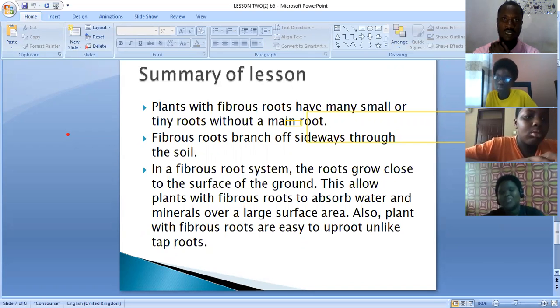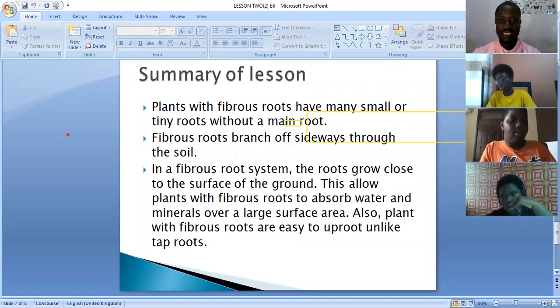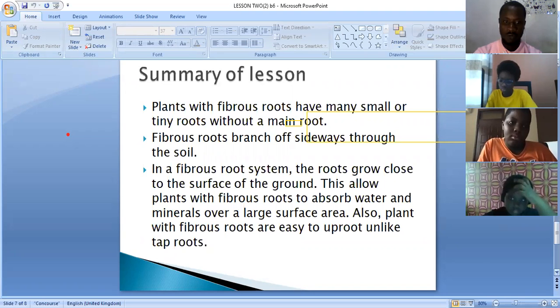These root nodules help to fix nitrogen into the soil. And because they don't go deep, they diffuse the nutrients into the soil as they absorb them. So as they absorb the nutrients, they later what? Diffuse them back into the soil to be used in that larger what? Surface area of a plant with fibrous roots.